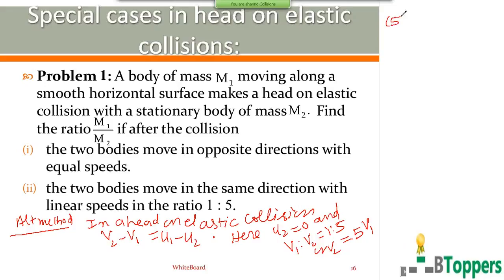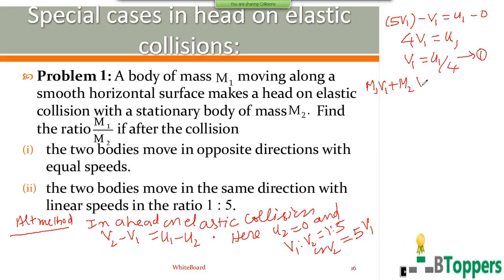V2 equal to 5 times V1 on the left side, and U2 equal to 0. So you get 4V1 equal to U1, or V1 is U1 by 4. That is one equation. And in any one-dimensional collision, we can write M1 V1 plus M2 V2 equal to M1 U1 plus M2 U2.